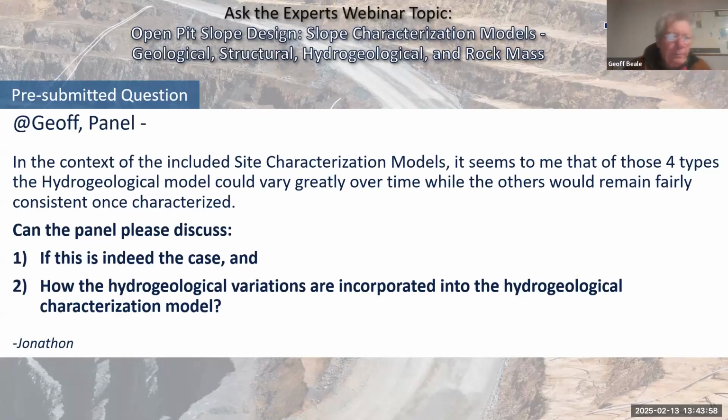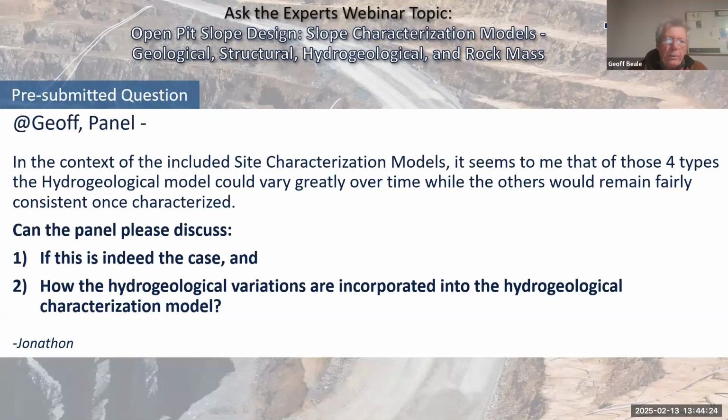Okay, thanks, Jill. First, I'll start off by saying that of all the parameters and the geotechnical inputs to slope engineering, the hydrology is the one thing that you can change. It's the one thing you can vary. You can dewater the pit. You can depressurize the slopes.